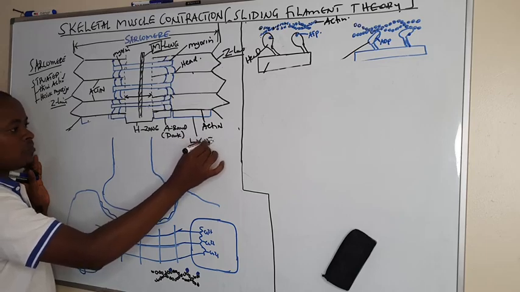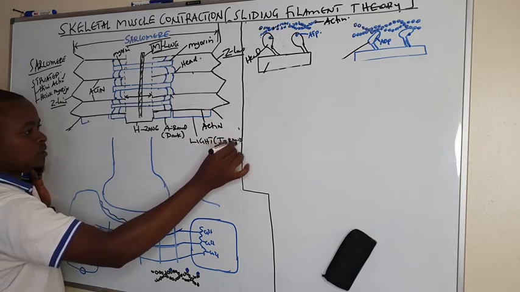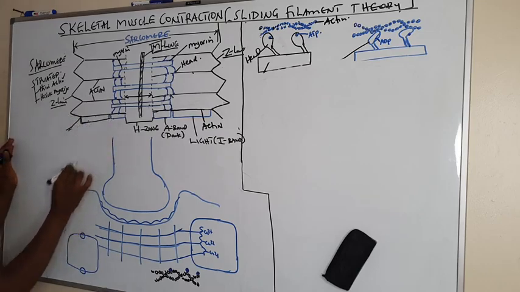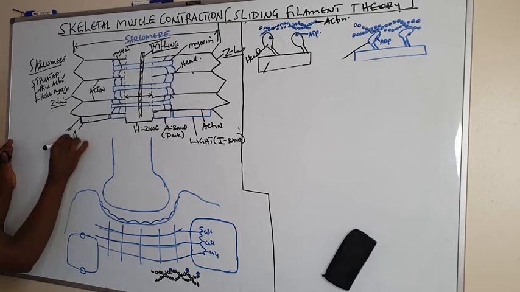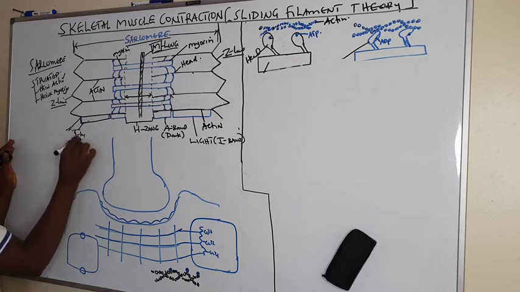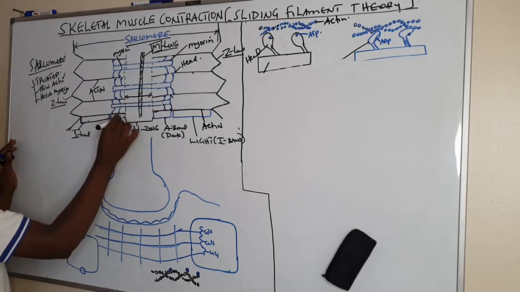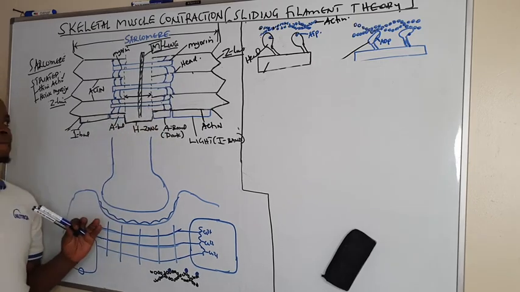You can call it light band or I band. So, meaning even this zone from the Z line to where the myosin is overlapping with actin, this one becomes the I band. Then this one is the A band. Then this one in the middle is what we are calling the H zone.